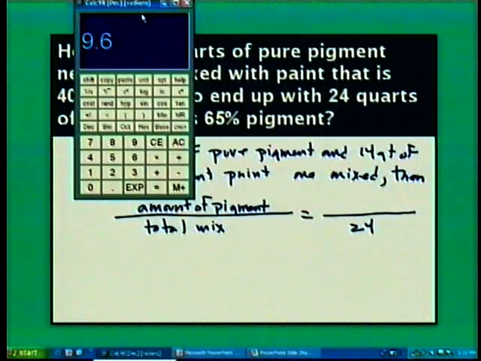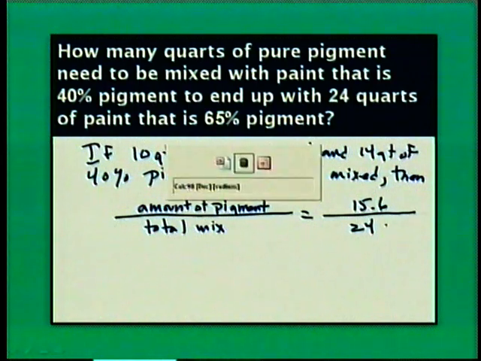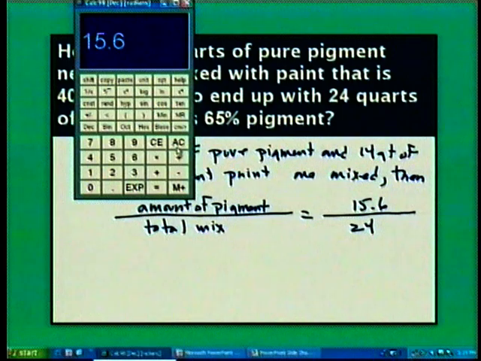So I have 10 quarts of pure pigment plus 40% times 14 quarts, that's 15.6. So I have 15.6 quarts of pure pigment. Looking at the ratio, this should be 65%. So if I divide 15.6 by 24, indeed, I get 65%.